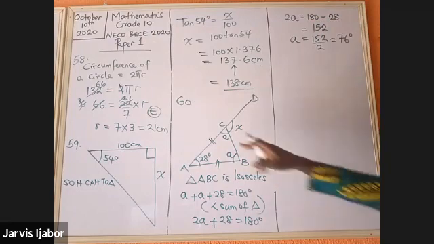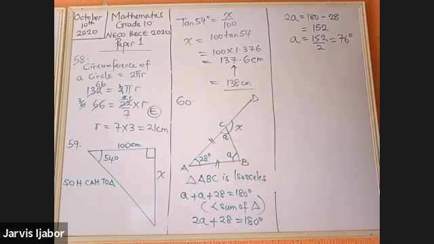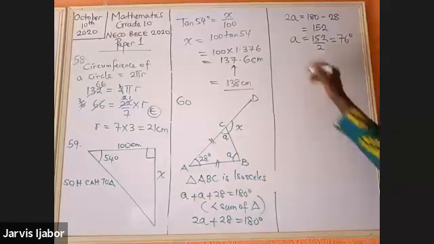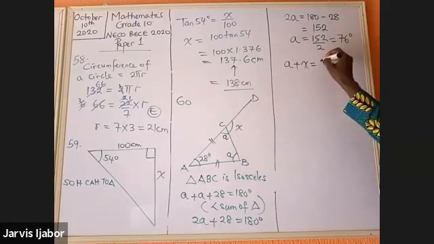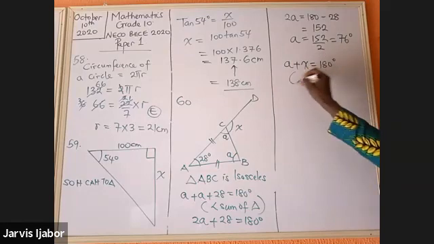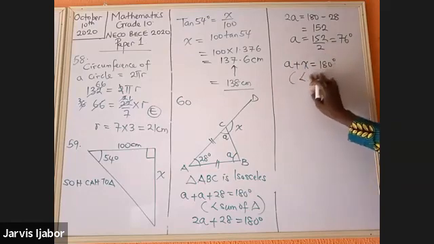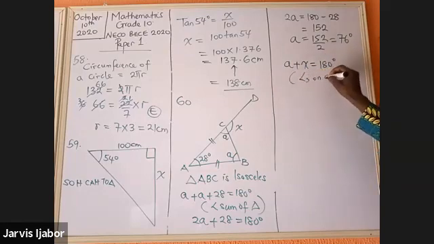So if this is 76 degrees, it will follow that A plus X will be equal to 180 degrees. And what's the reason for that? Angles on a straight line. The angles on a straight line will always give you 180 degrees.